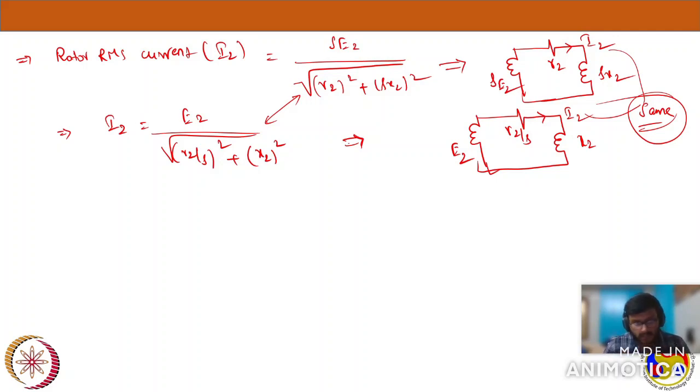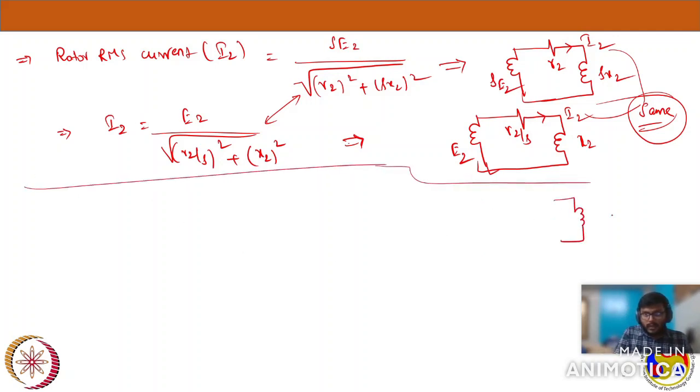So that's the concept of the transformer. This is my transformer primary and this is my transformer secondary, and I have given some supply here and open circuited the secondary, and the current drawn by the primary winding is only utilized to magnetize the core. That's why we call this current the magnetizing current.